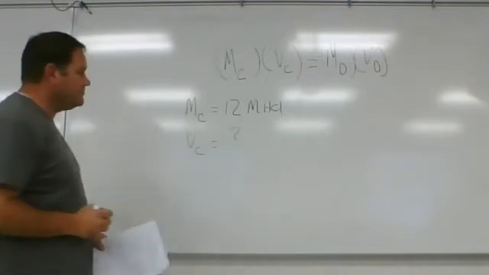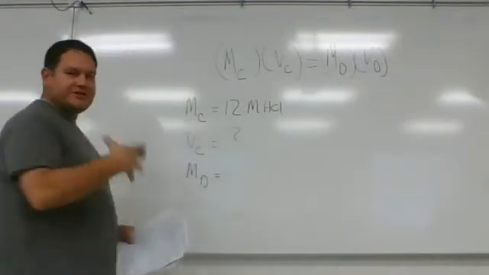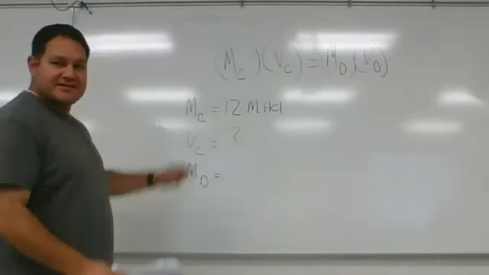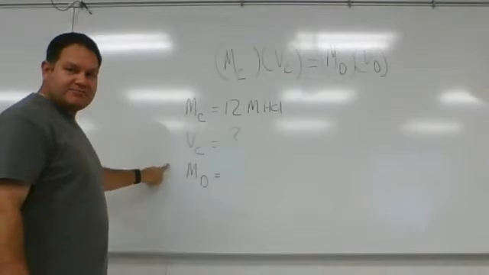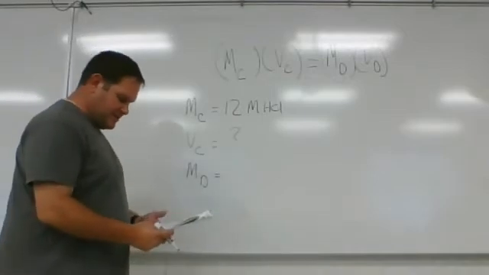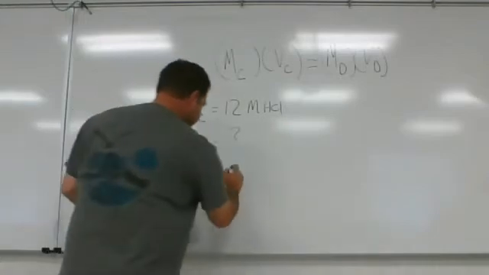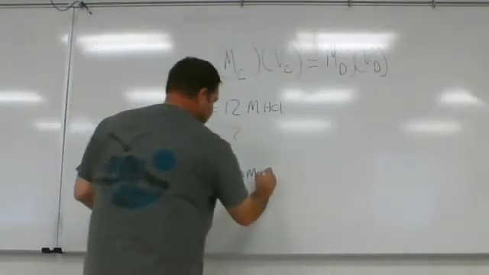That's our X value. And then the molarity of the dilute, that's our new desired molarity. This is what we're starting with, our concentrated molarity, and this is what we want to eventually get to, our dilution. So that's going to be a 2.0 molar hydrochloric acid.